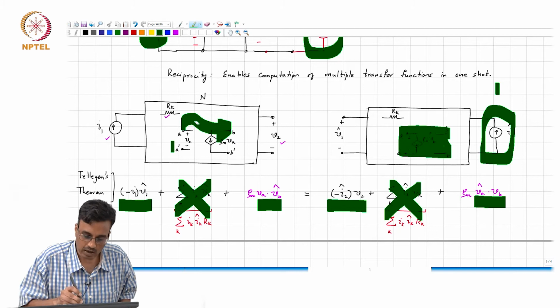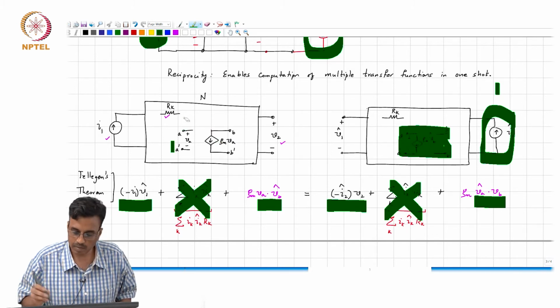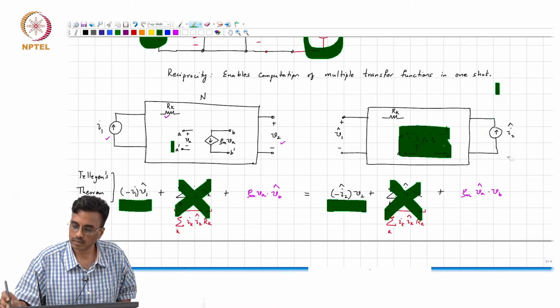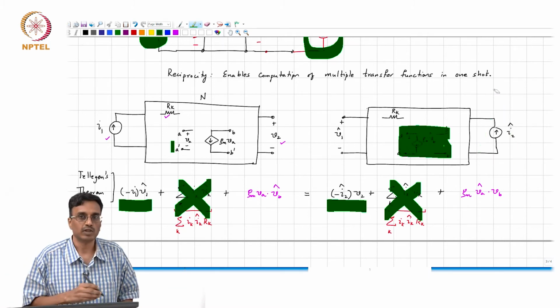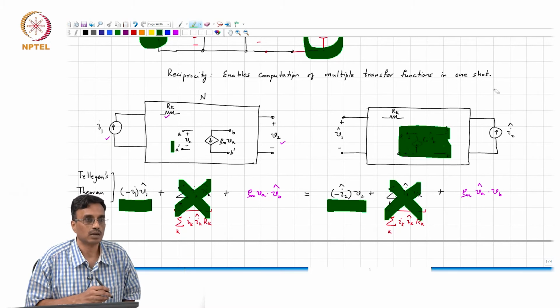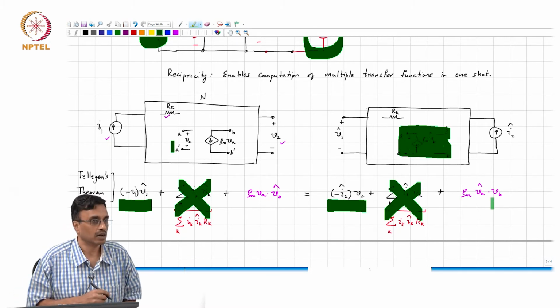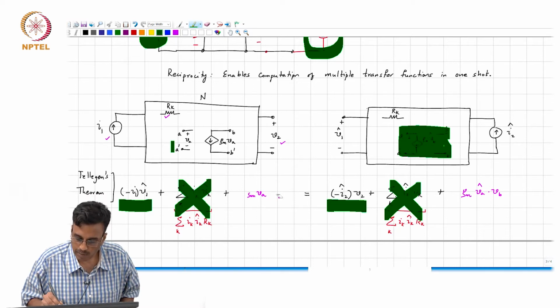Now, the Tellegen's theorem expressions, which expressions will change? Which are the only terms that will change? The ones sitting in magenta, right? So help me now figure that out.